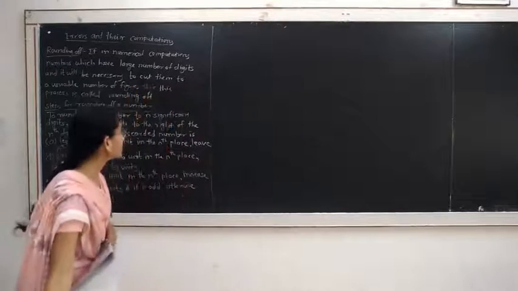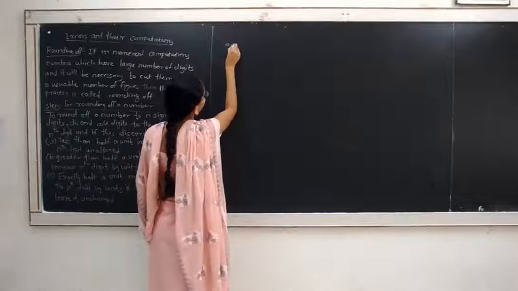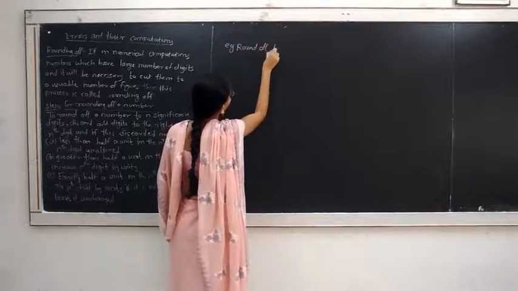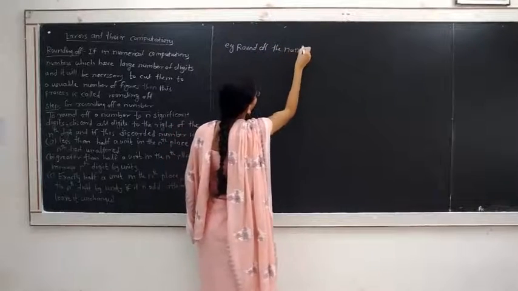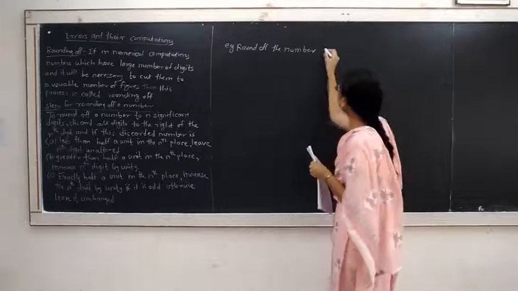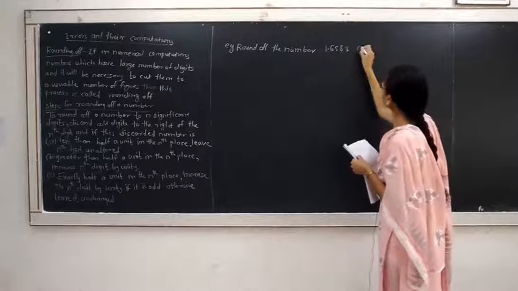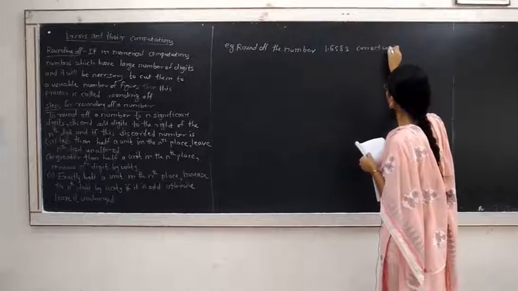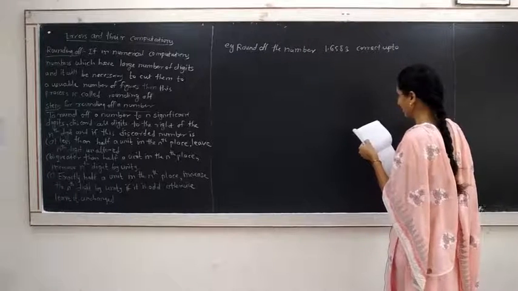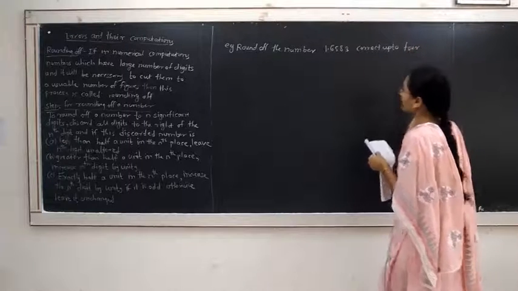Example, round off the number 1.6583 correct up to 4 significant digits.